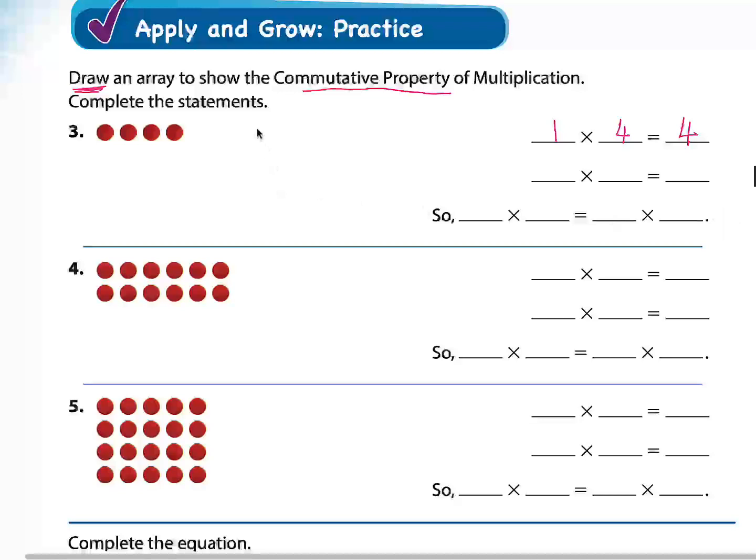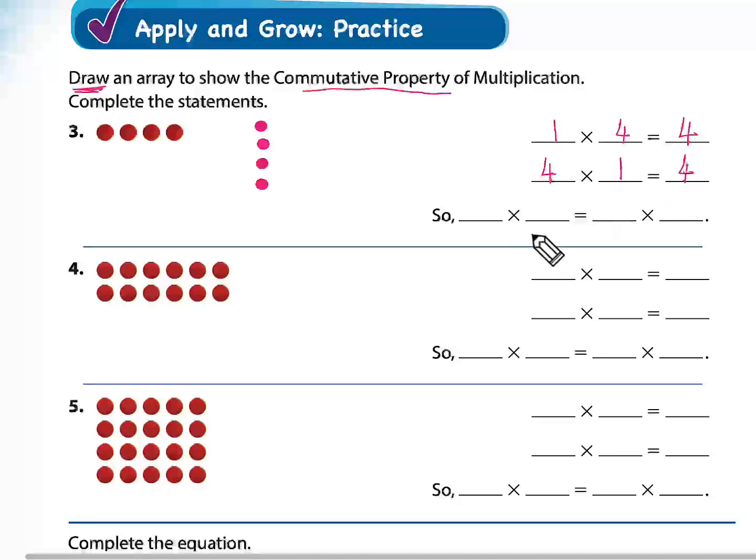So we need 4 rows, yes, and 1 column. So Hassan, this time the multiplication equation will be equals, excellent.